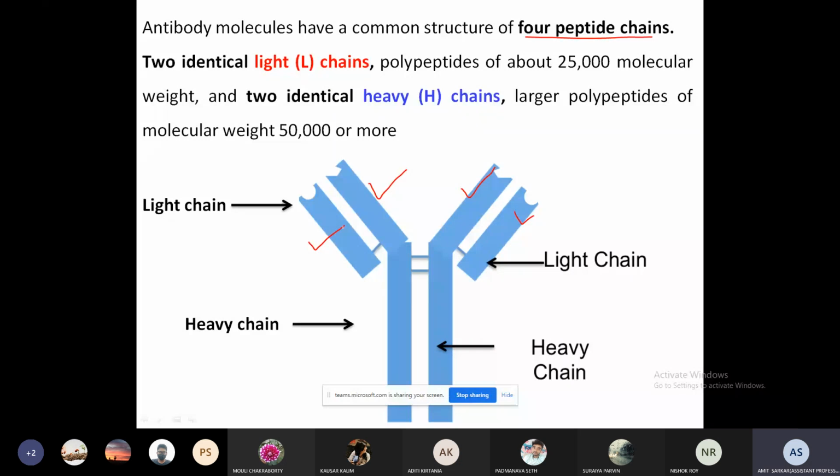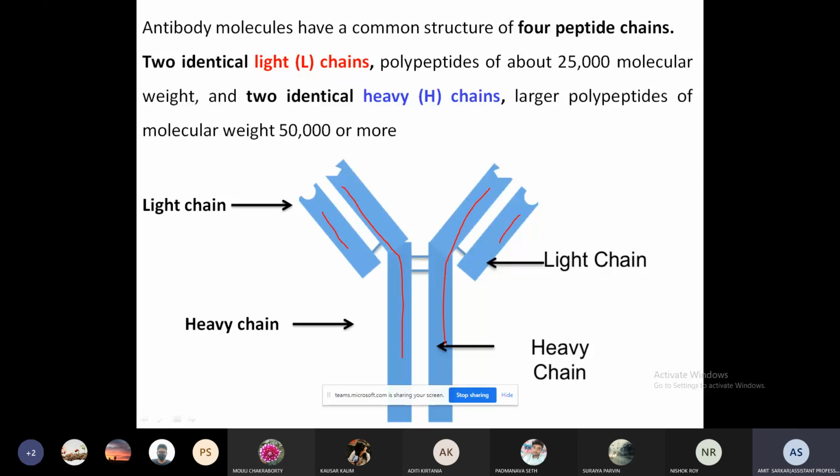So 4 peptide chains constitute an antibody structure. Out of these 4, two of them we classify as a light chain, or L, and two of them as a heavy chain. So these outer two, this one as well as this one, are known as light chains, and this one and this one are known as heavy chains.